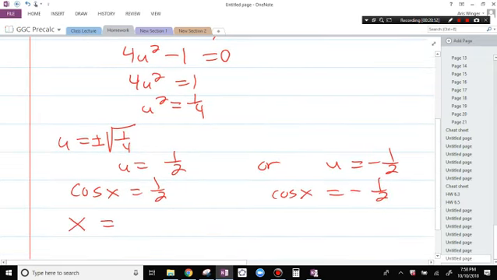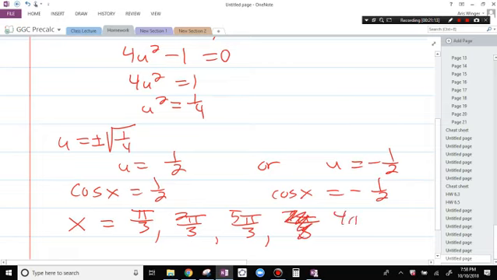That's when x is, the 1/2s are over 3's, right? Pi over 3, 2 pi over 3, 5 pi over 3, 7 pi over 3. 7 pi over 3 is 4 pi over 3, that's right.